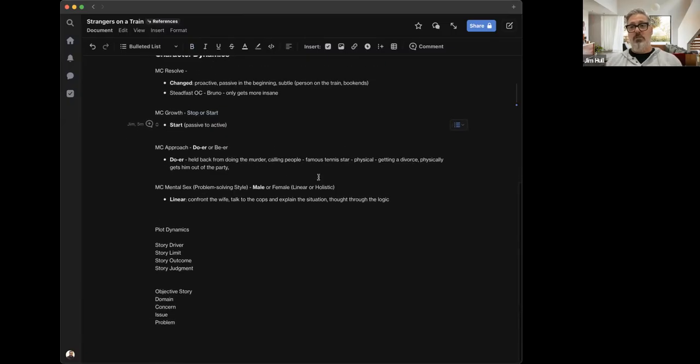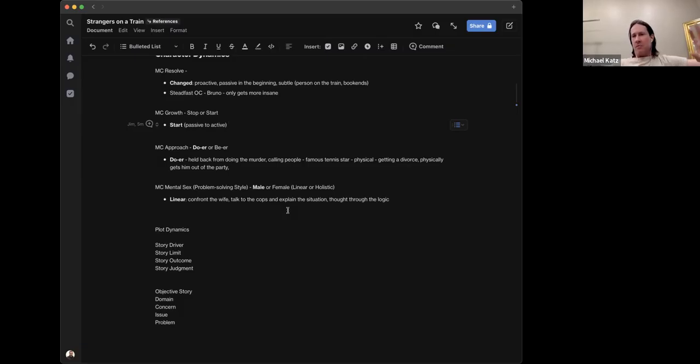So it's a really great question. The only one I can think of for sure is How to Train Your Dragon, with Hiccup and his dad. Both are male mental sex, like up and down. I don't know of any female mental sex characters in that film. So when you're building your characters, you're not trying to make one a Doer and one a Be-er.